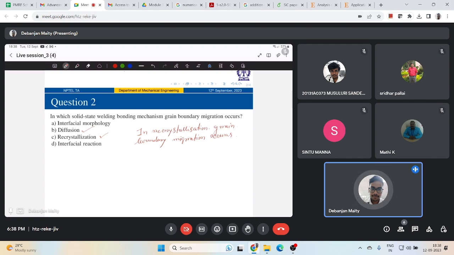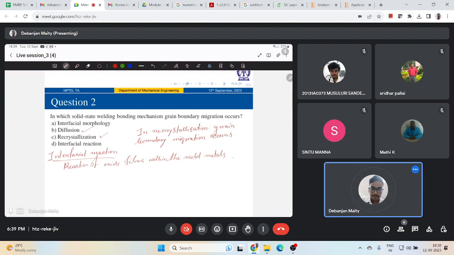In interfacial reaction, it is the reaction of oxide films within the weld metals themselves.